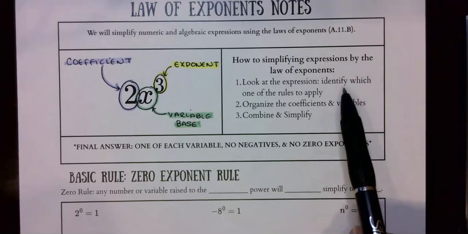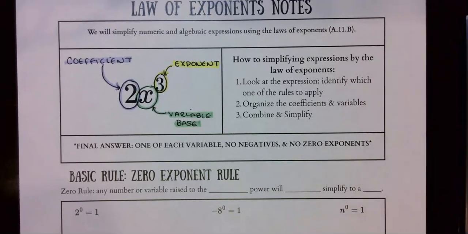So the first thing I'm going to ask you to do before you do anything else is to stop and look at the expression. Look at the problem on your paper. Identify which one of the rules we can start using, because some of these we will be able to use more than one rule per problem. Number 2 is to organize. We're going to take all our coefficients and put them together and next to each other.